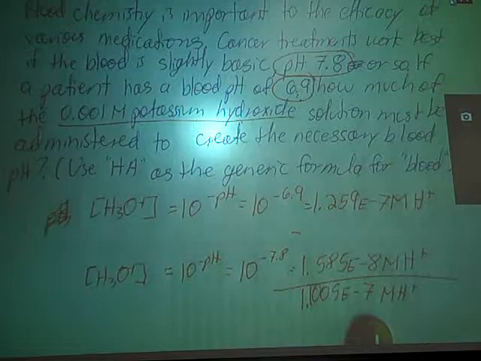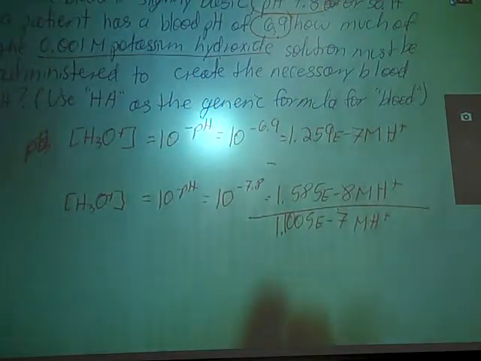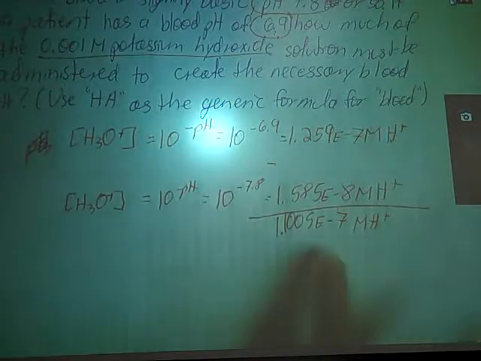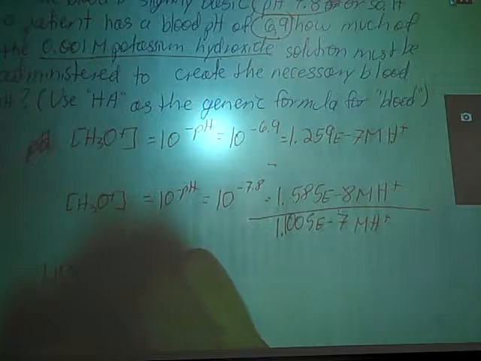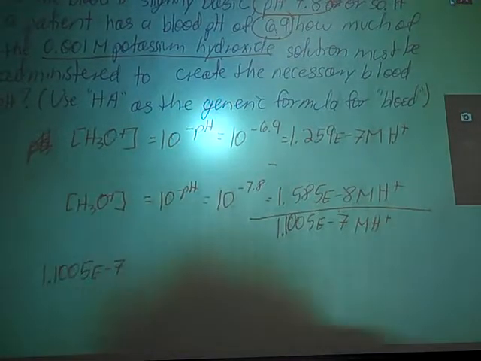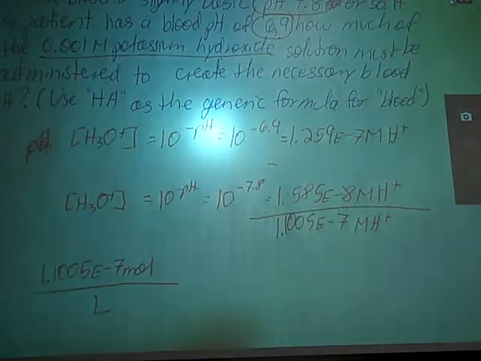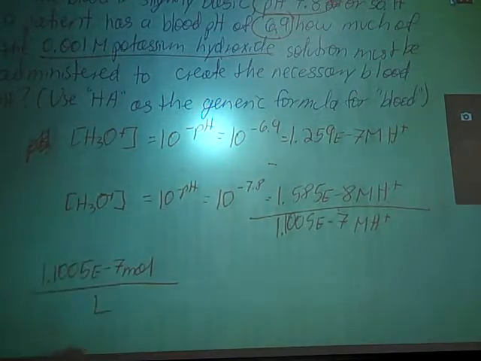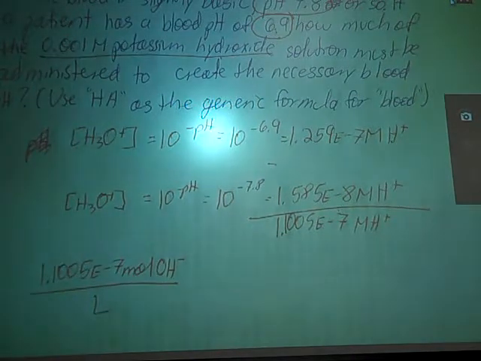And again, the only way to get rid of H plus is to bind it up with OH. So if I need to get rid of this much H plus, that means I need to get that much OH. Now we're back into that typical neutralization territory. This is a molarity, so this is moles per liter, but now we're looking at hydroxide instead.